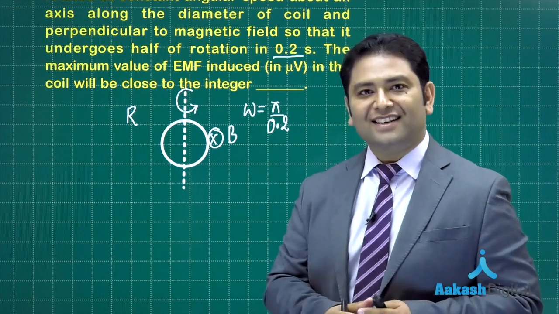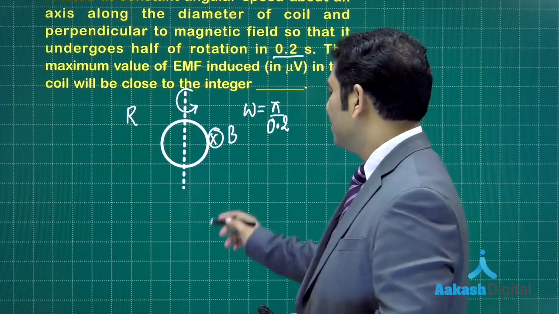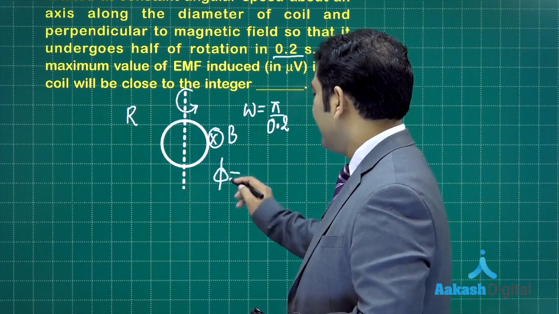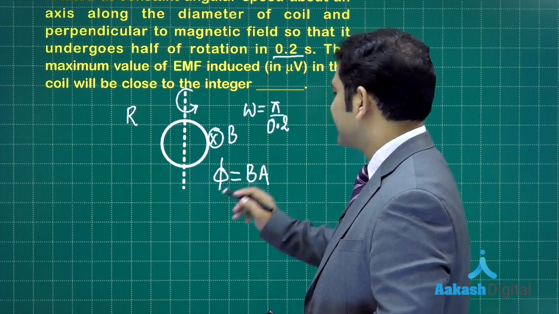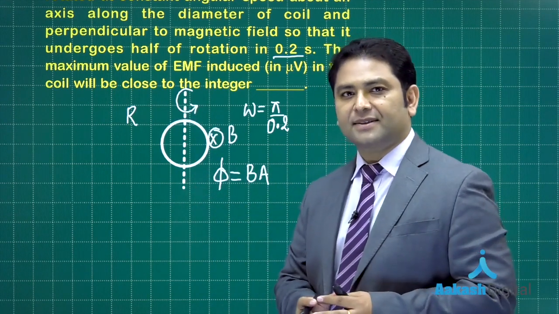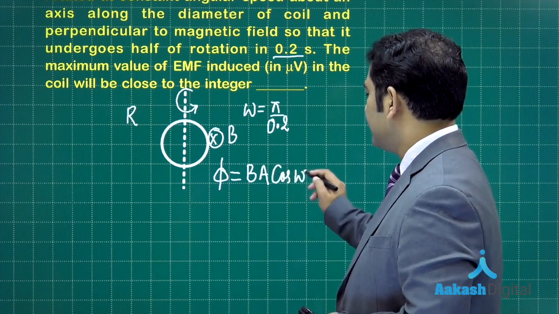Isn't this the case of an AC generator? Yes, it is, isn't it? So how do we do it? We start in this way. Phi at any instant is B A, let me write it as A itself, later on you can plug in pi r square, and cos of omega t.